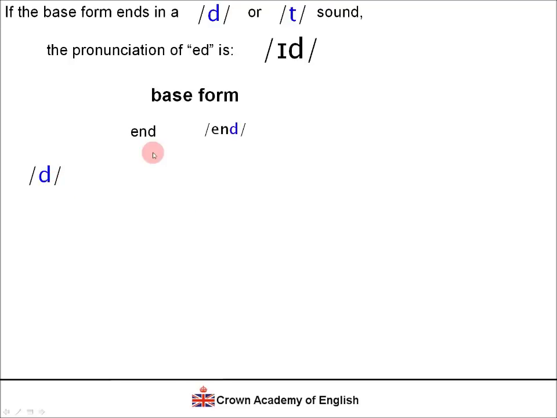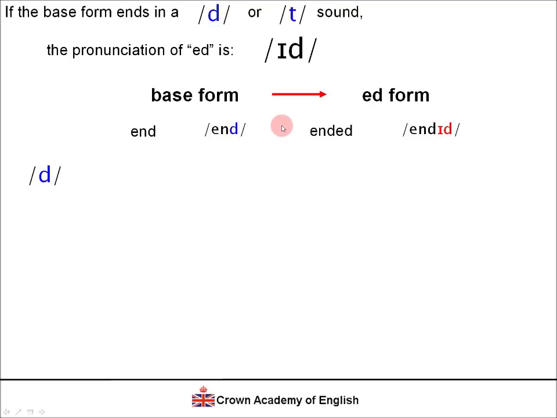Base form, end, end, becomes, now listen carefully, here we have one syllable, end, ended, ended. So notice this is very important. With this pronunciation, this creates an extra syllable. End, one syllable. Now we have 1 plus 1 syllable, 2. Ended.